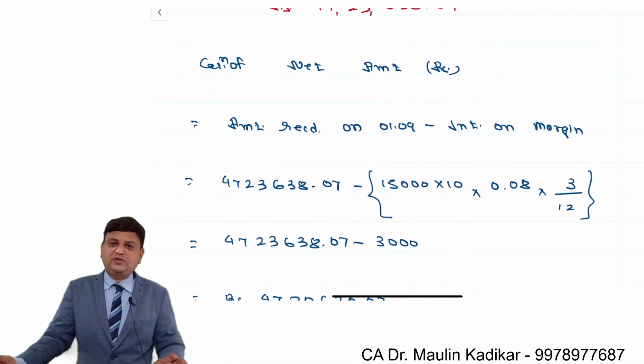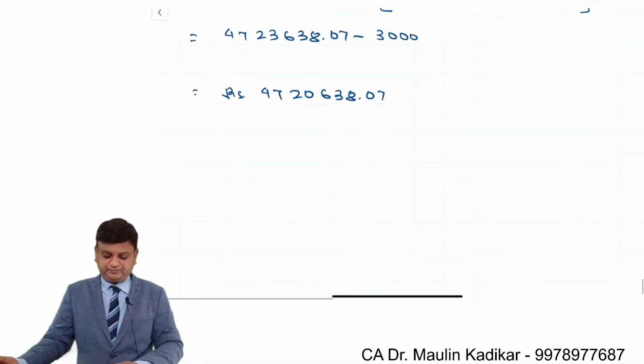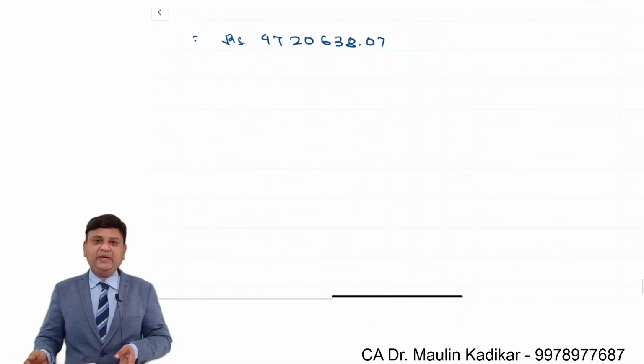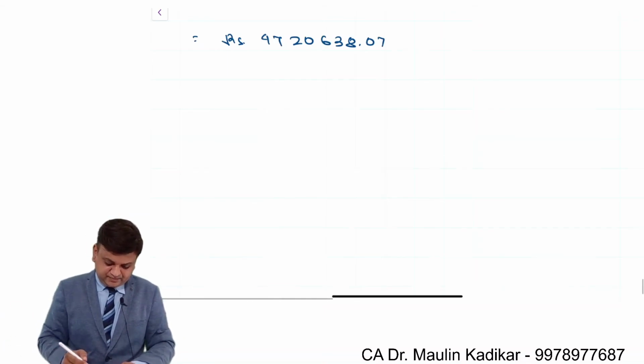Over here there is a profit, so there is no obligation as such. The carrying cost, because the amount is blocked for a time period of 3 months, so you will be having the interest to be paid for a time period of 3 months. This is the way we make the computation of answer, and finally we are required to take a decision.